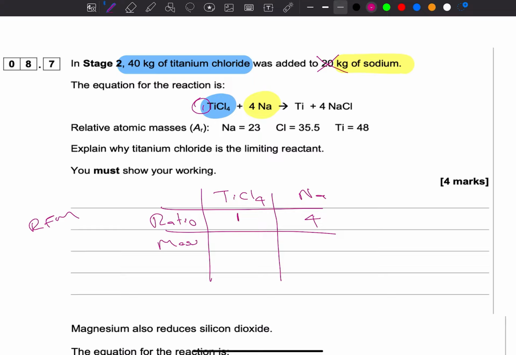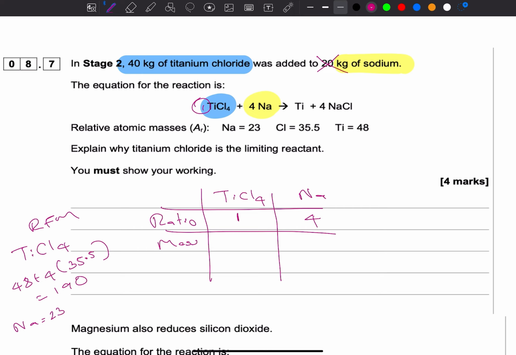I need the relative formula mass. TiCl4, Ti is 48 plus 4 times 35.5, which gives you 190. And the other one, sodium, is easy, just 23 anyways.